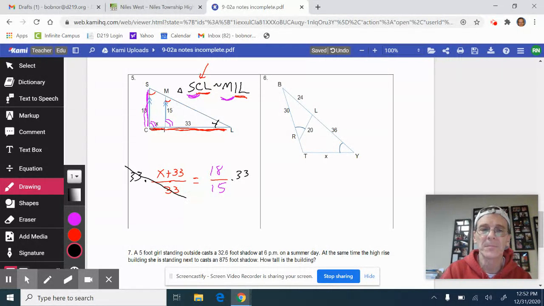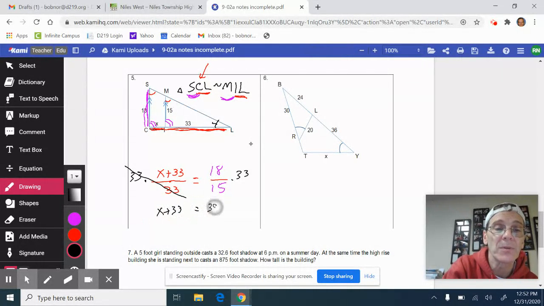Okay. And I don't know, can I do this in my head? 18/15 is 1 1/5 of 33. So 1/5 of 33 is going to be 6.6. So that's going to get me 39.6 on the right. Okay. X plus 33 is equal to 39.6.